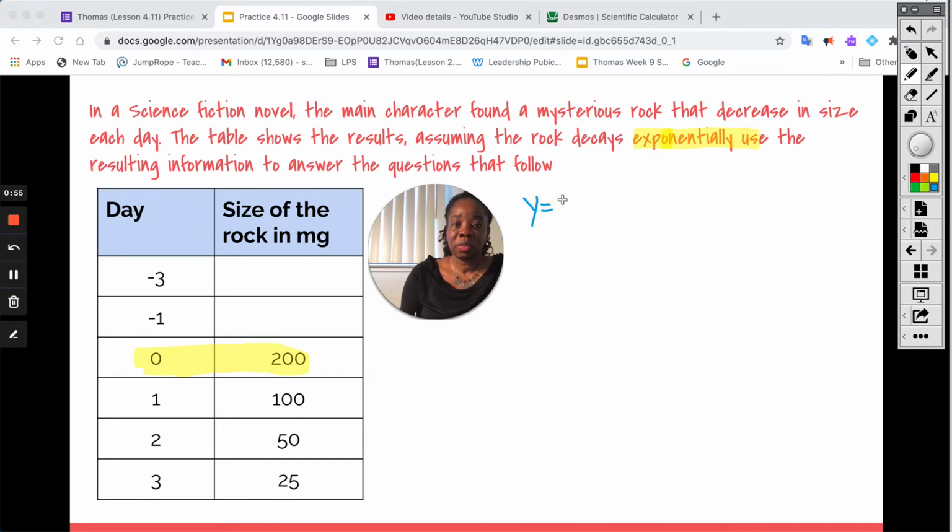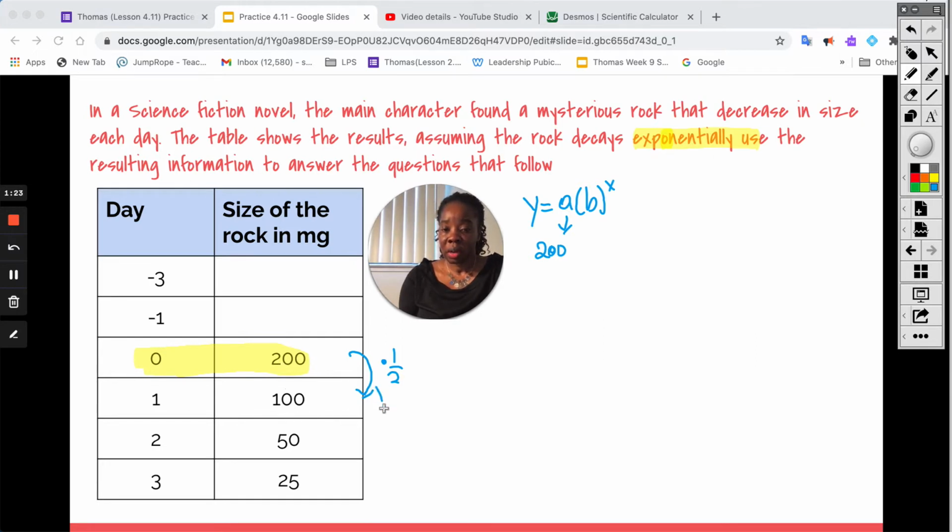in exponential form. y is equal to a times b to the x, and our initial value, we know it's 200, so let's figure out what the growth factor is. Well, it's actually not growing, it's decaying. So what we notice is it's being halved, so multiplying by a half each time, because 100 is a half of 200.